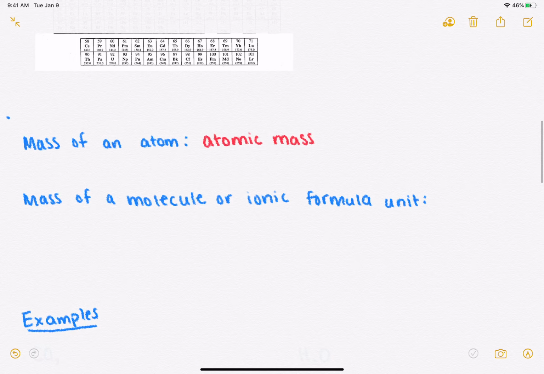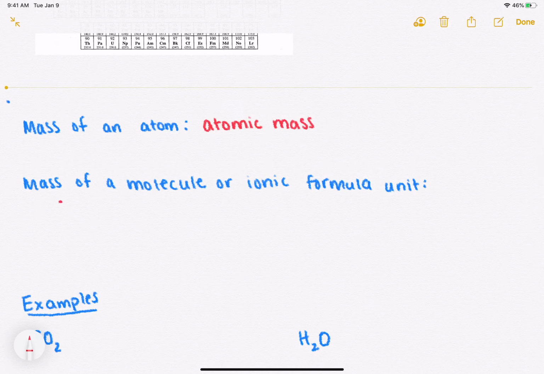So we have a similar value for entire molecules, and it has several names. It is known as the formula mass, molecular mass, and molecular weight.